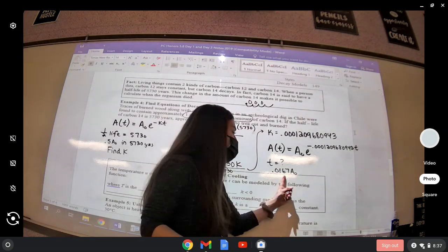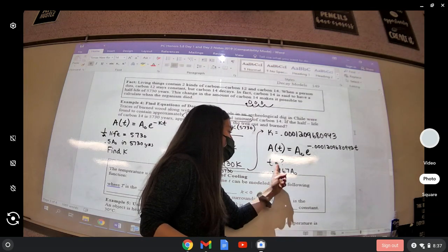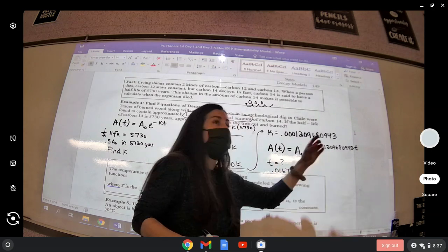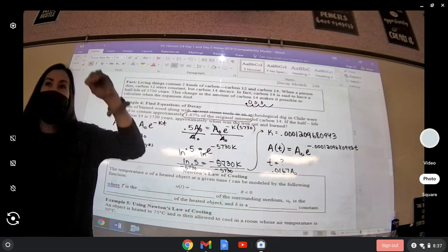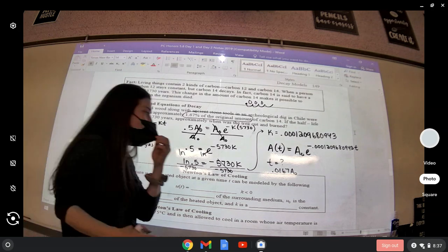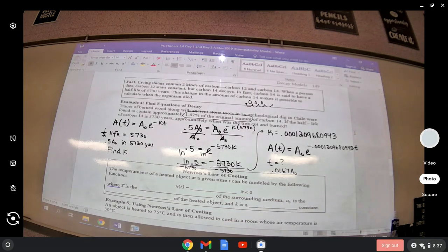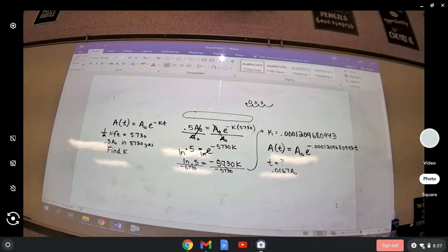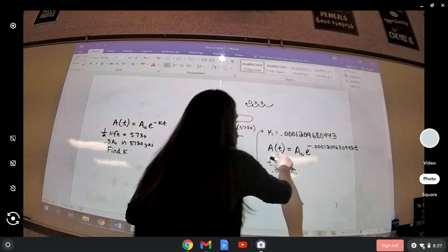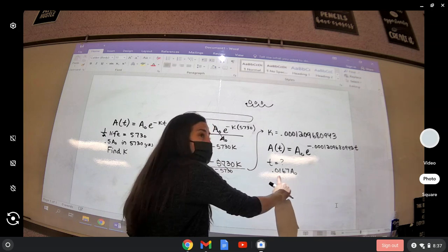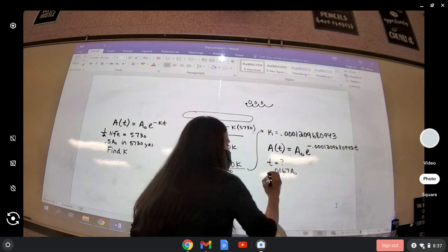So guys, we're going to plug this in for the end amount, and we're going to solve for the time it took for that carbon to get to 1.67% of the original amount. So let me go to a blank page, because like I said, this is just too crowded. All right, so here we go. When will the end amount be 0.0167 of A sub 0?